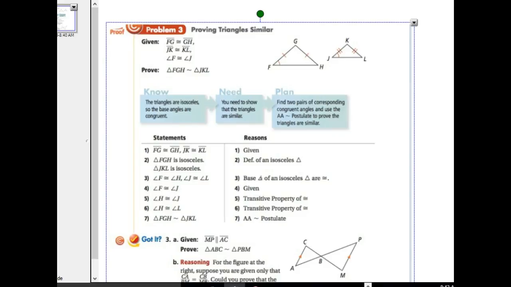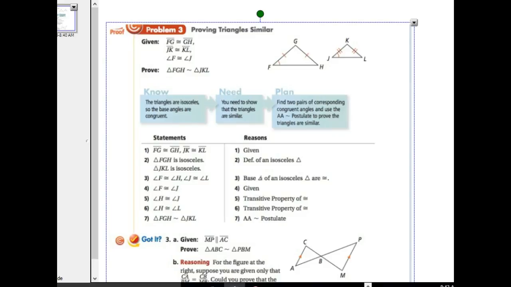Now, in every proof, you're going to be given a certain amount of things, and then from those things, you're going to have to use ideas or definitions or things that you know from the past to help you understand how to prove whatever it is you're trying to prove. Now, when it comes to proving triangles similar, there's three main ways.